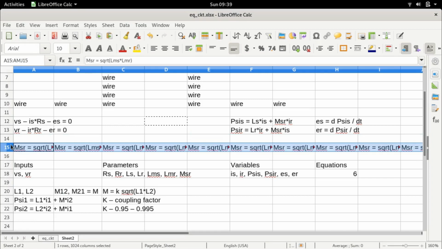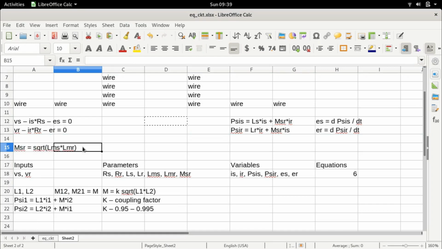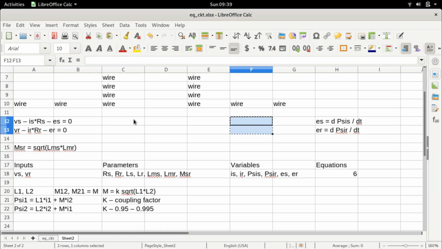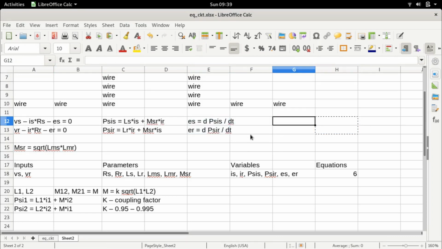So this is just to distinguish between a calculation and an equation. So maybe I can bring these more to the left, and I can bring these more to the left also. Right, so this gives us some more space, and we can write the mechanical equations here.